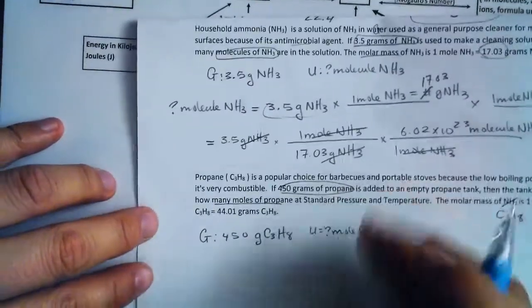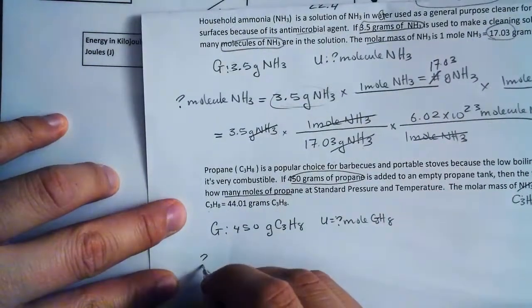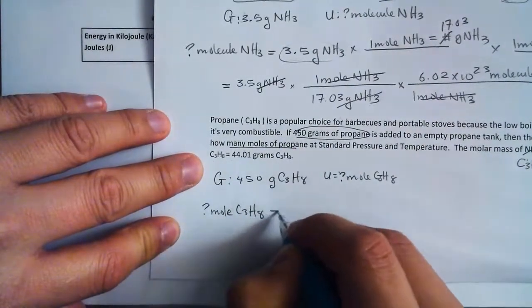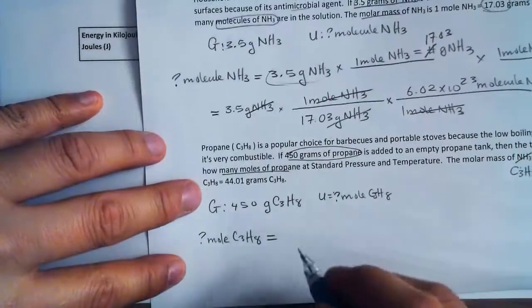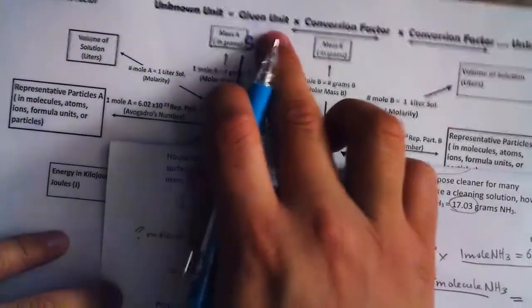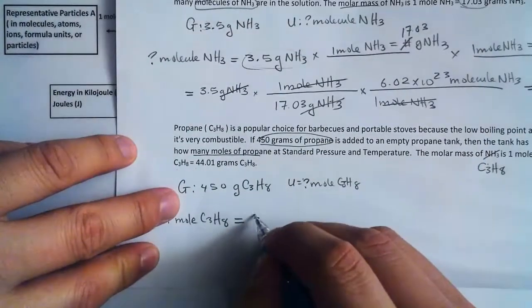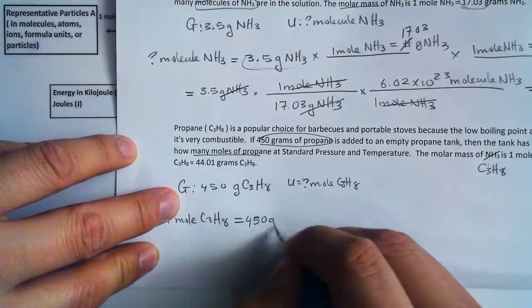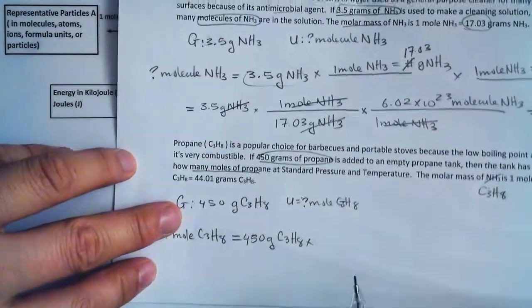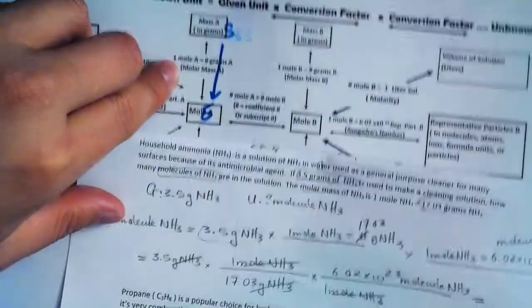In this case, let's set up a flowchart, starting with identifying what we are looking for, which is mole of C3H8, okay? We are starting, again, with our given measurement right there, which in this case is 450 grams of C3H8 times the conversion factor, which is that one right there, isn't it?